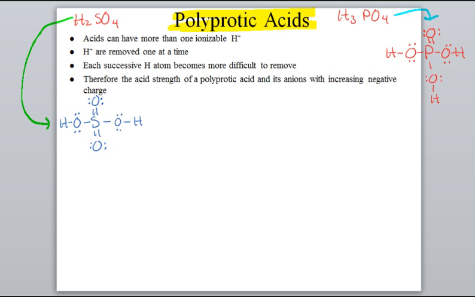When polyprotic acids are put into water and a reaction occurs, there's a probability that water could collide with both of those OH bonds at the same time. So 2 water molecules could collide just right at the same time, break both of those OH bonds, and form the hydronium ion. But what's more probable is that one collides, and then at some later time, which could be a femtosecond or millisecond, another water molecule collides with the other bond, and it breaks.